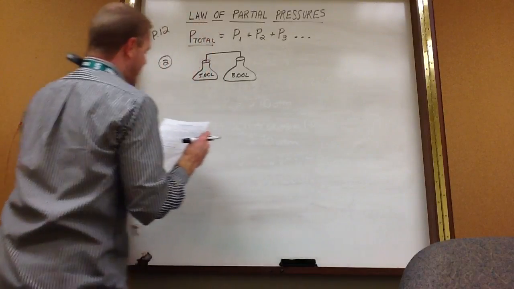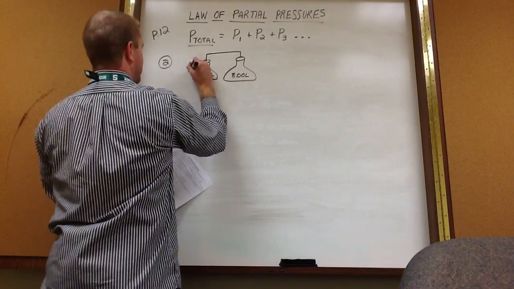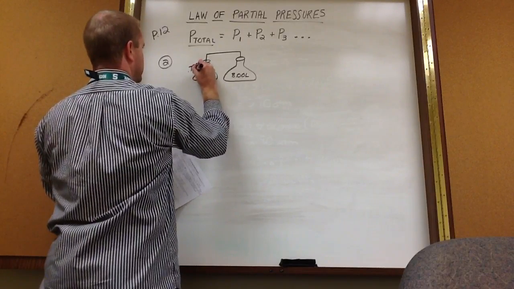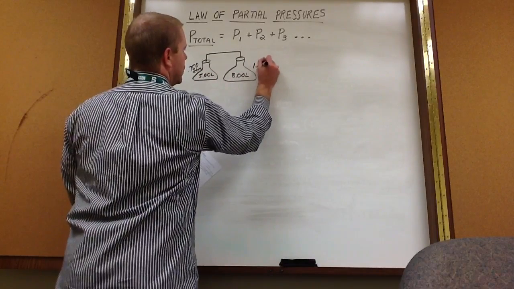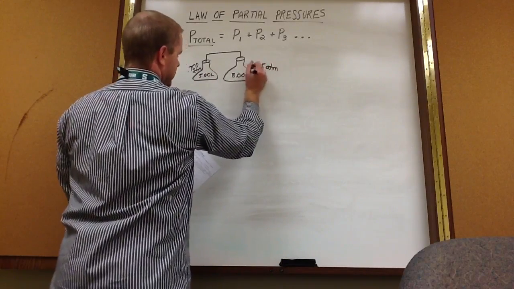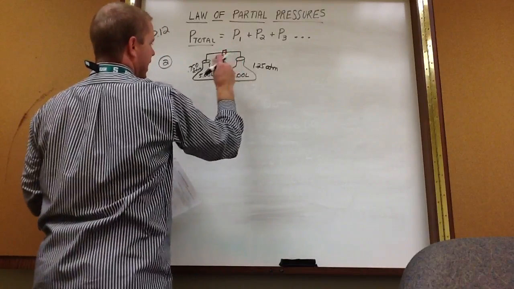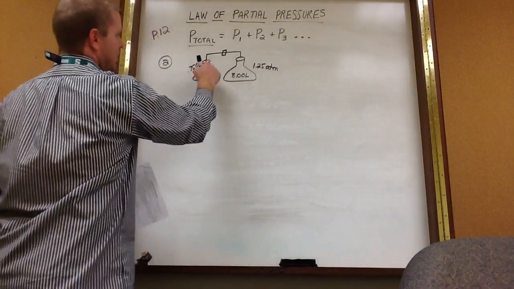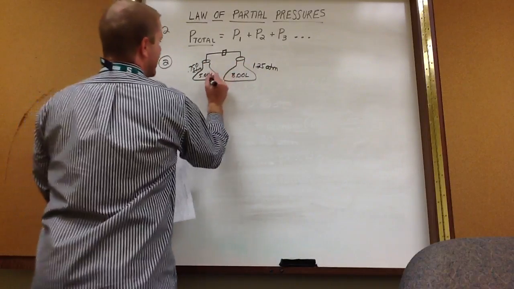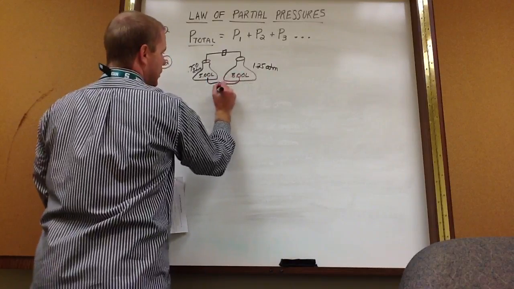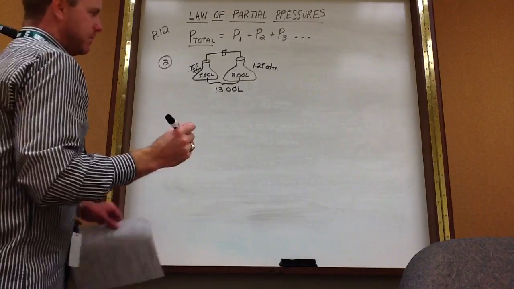In this one, initially, the pressure is 0.750 atm, and in the other one, the pressure is 1.25 atm. Then we take the stopcock in the middle and open it up so that the gas in here can move into this container, and the gas in this container can move over here. So now our total volume is 13.00 liters.